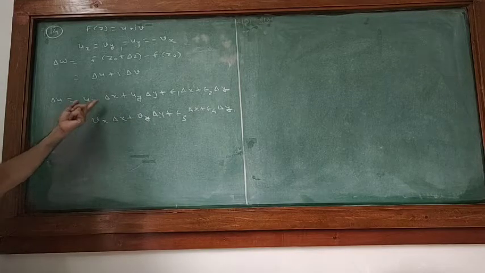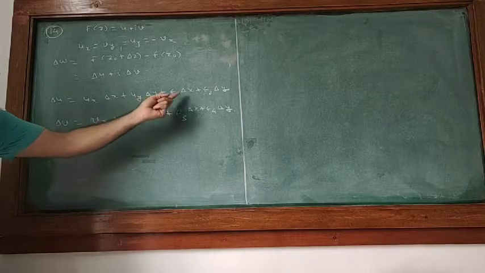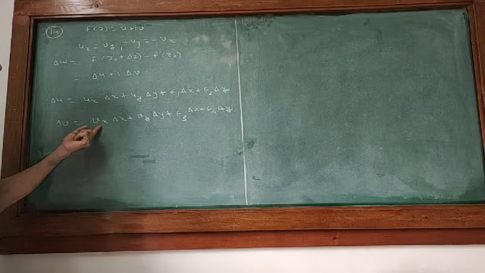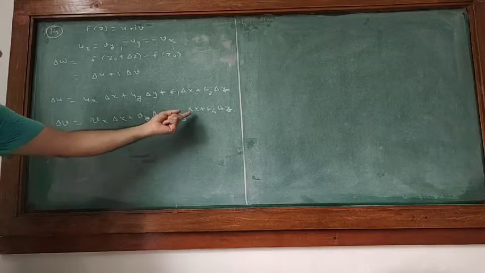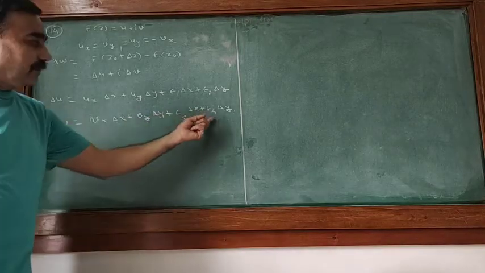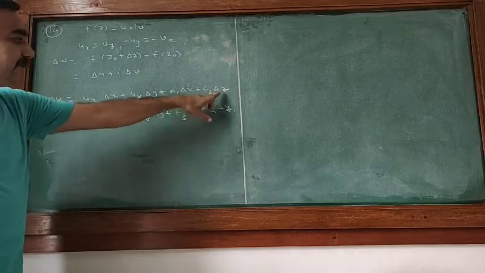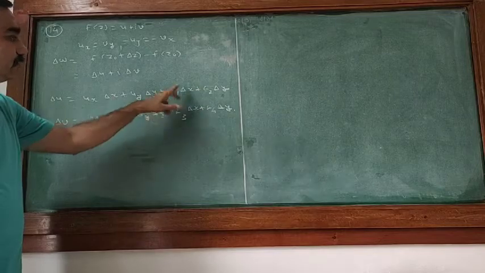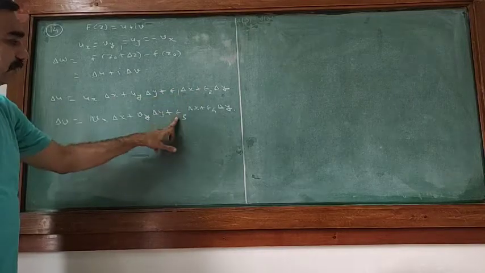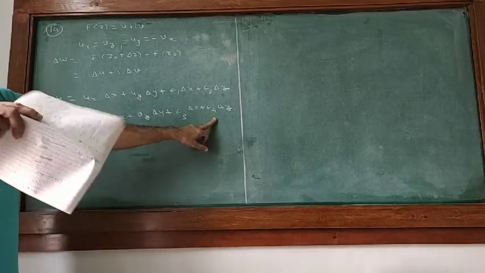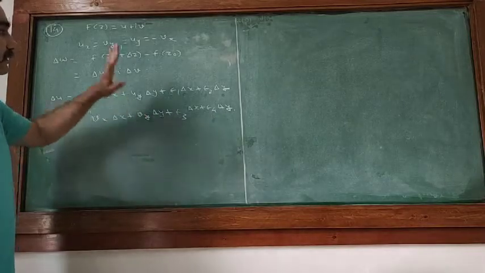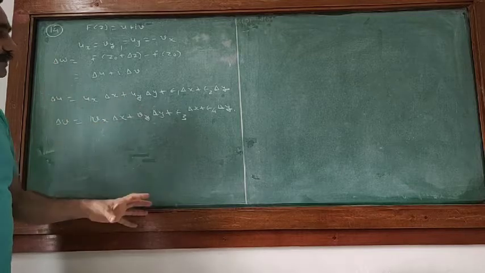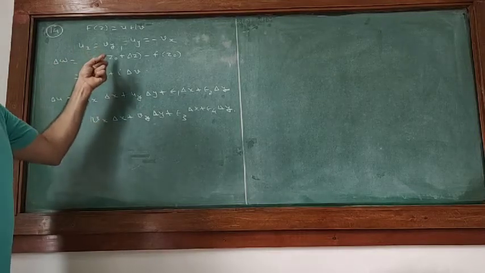For v it is vx delta x, vy delta y, epsilon 3 delta x, epsilon 4 delta y. Here delta x, delta y both tend to 0, and whenever they tend to 0, epsilon 1, epsilon 2, epsilon 3, epsilon 4 all tend to 0. And this is the definition of differentiation there. But we are using this notion for this sufficient condition.